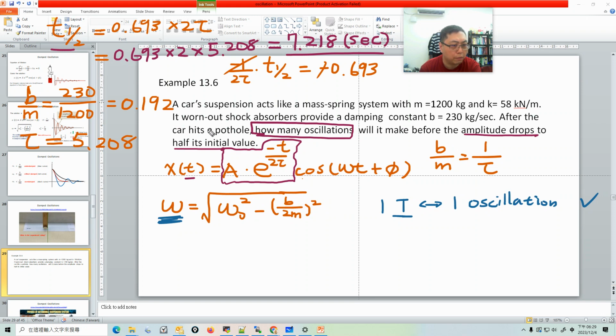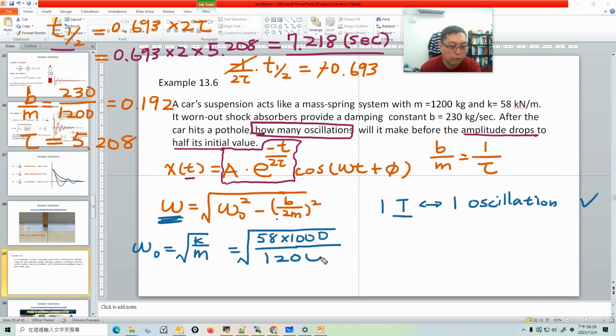First, let's calculate the natural frequency of the system. The natural frequency is equal to the square root of k over m. What's k? It's 58 times 1 kilo, so 58,000. And the mass is 1,200.